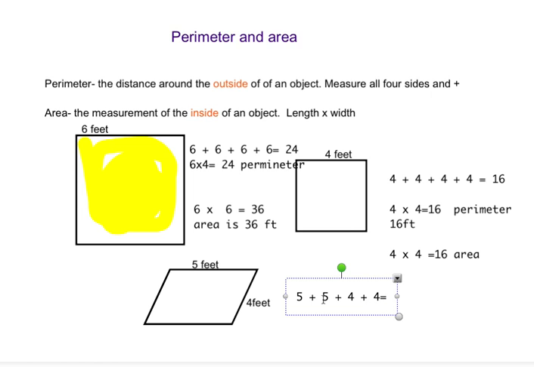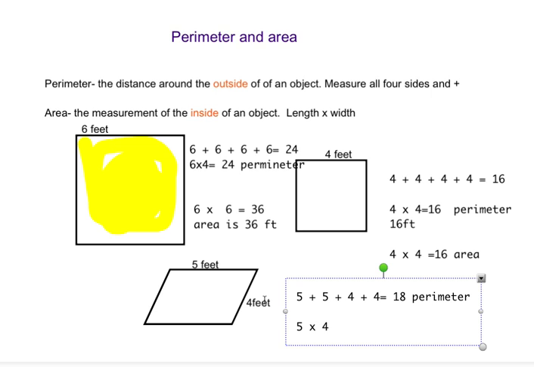I'm going to do 5 plus 5 is 10, plus 4 is 14, plus 4 more is 18. My perimeter is 18. Now to do my area, I multiply again, length times width. So 5 times 4, and I'm going to get 20. Is that what you got for area?